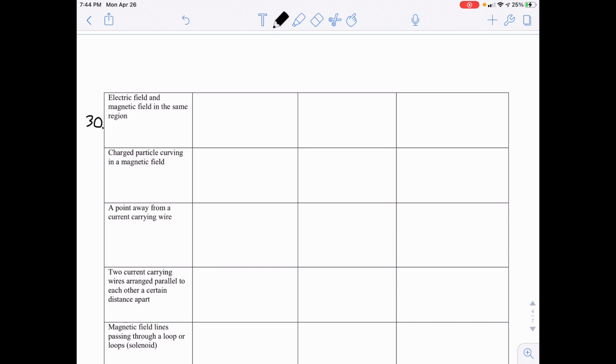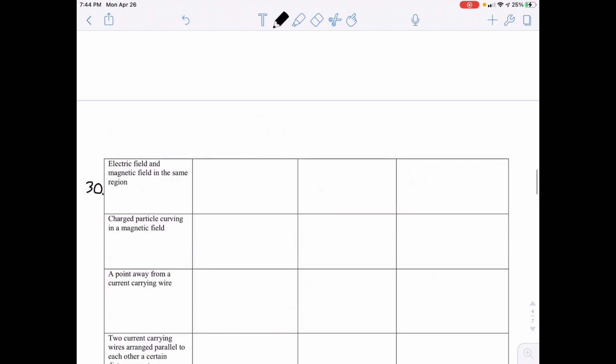Now in question 30, what if we experience an electric field and a magnetic field in the same region? Let's take a look.